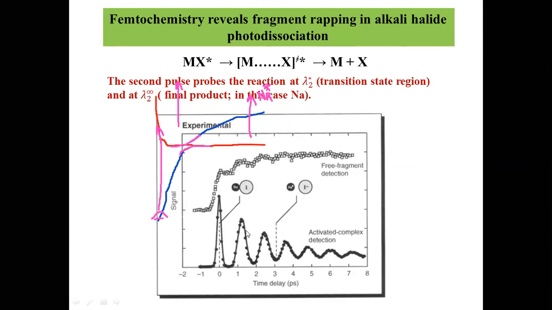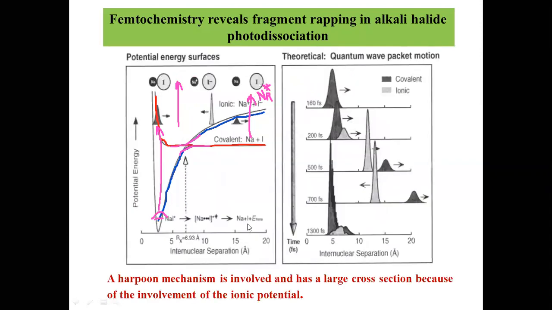Okay. So now how can we explain this? Experimentally, it was difficult, of course, to find out. Therefore, the theoretical people came up with wave packet propagation, and what they did is basically like this.